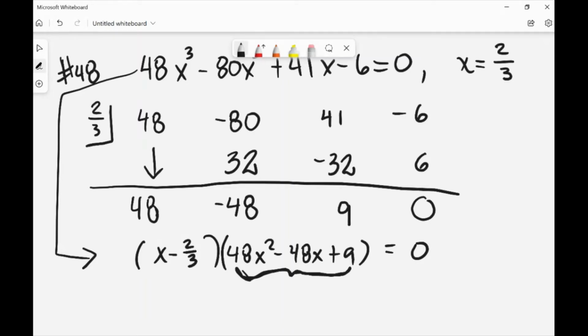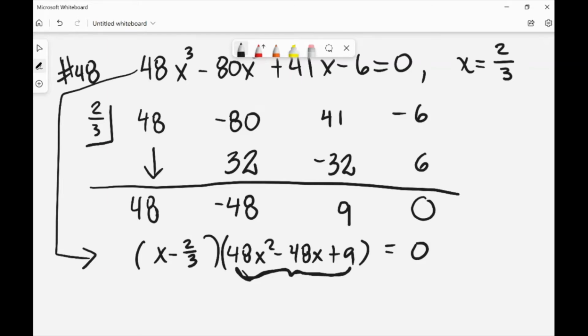Kenyatta, how are we going to just get rid of the 48? That's not math. Any other suggestions? You take out the LCD. Not the LCD, you said the wrong acronym. GCF. All right, what is the GCF for 48x squared minus 48x plus 9? 3. All right.